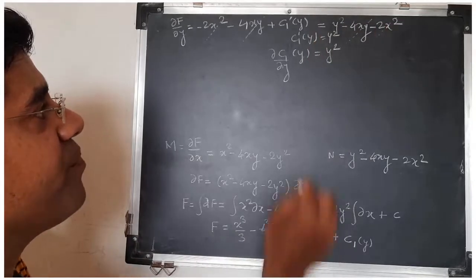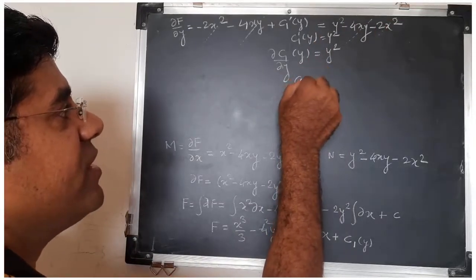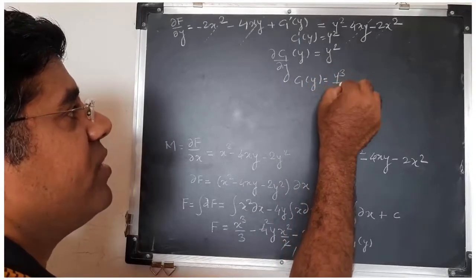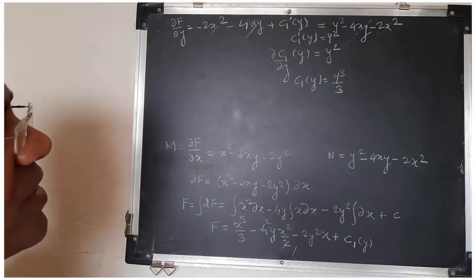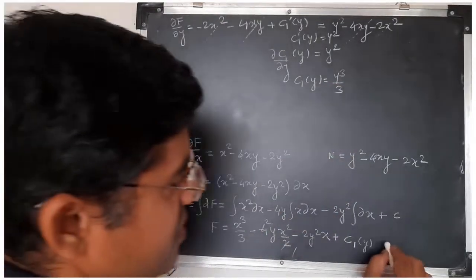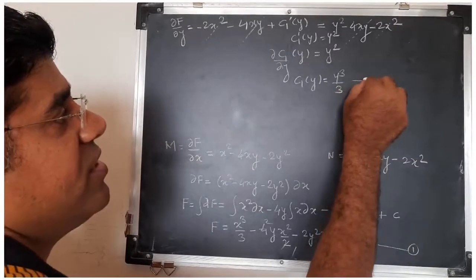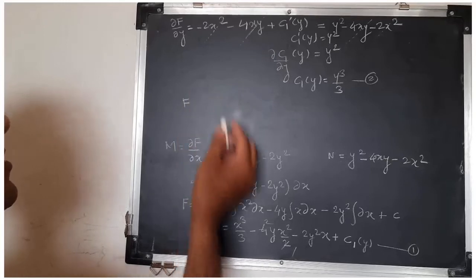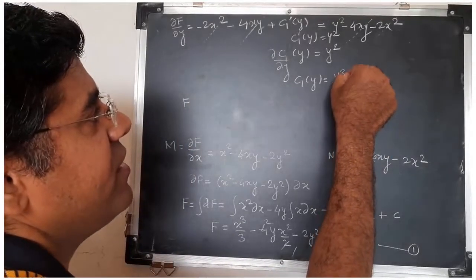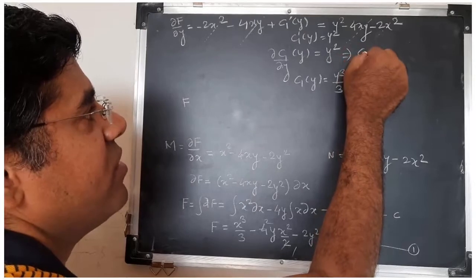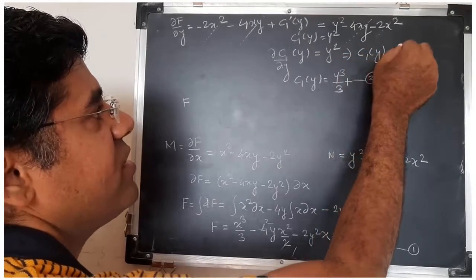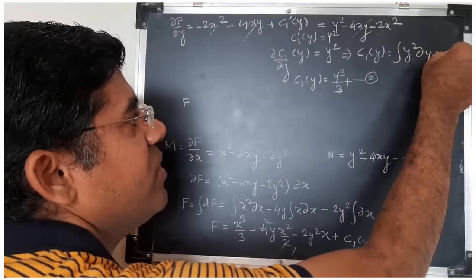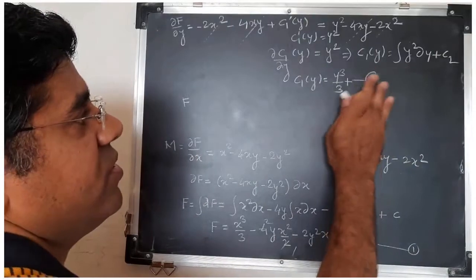Integrating, you get c1 of y, which is y cube divided by 3, integral of y square dy plus c2.